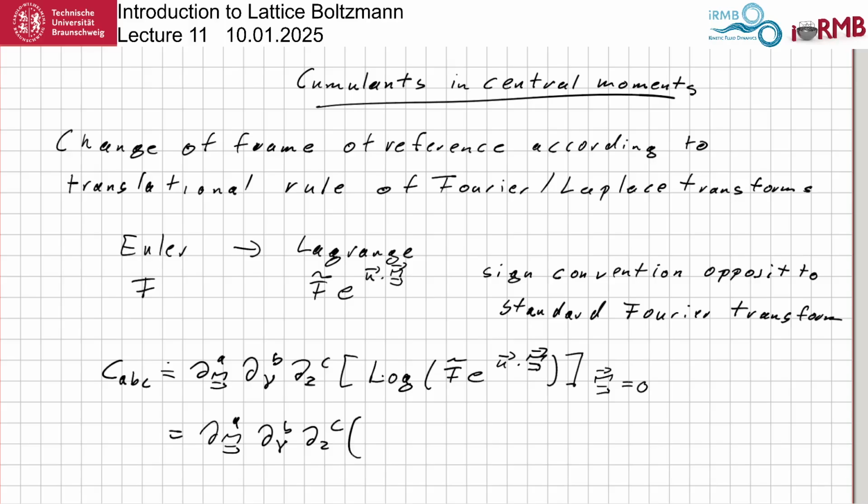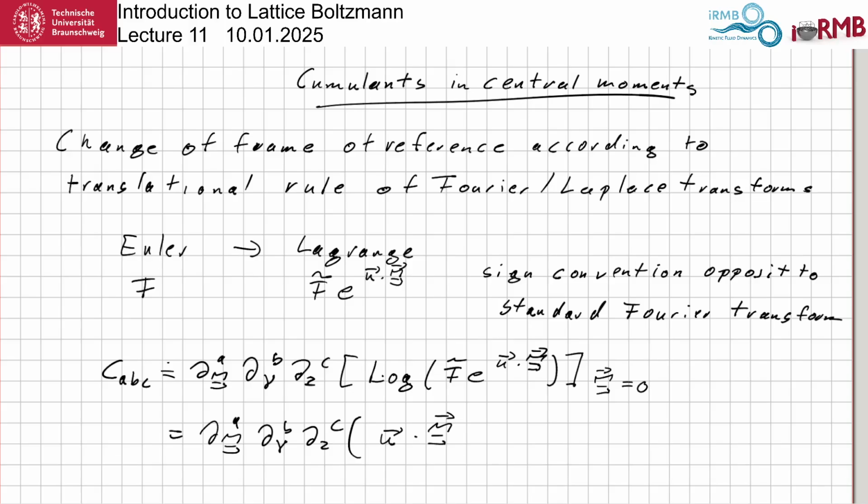The logarithm of a product becomes a sum, and then you take the logarithm of the exponent, which gives you u times xi. Now you notice that this is a polynomial of first order, where you are taking the derivative.